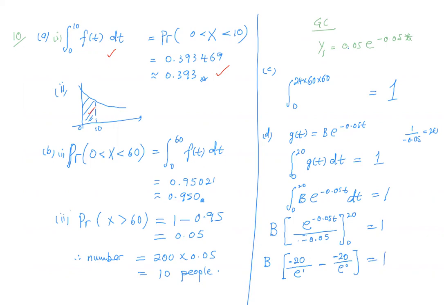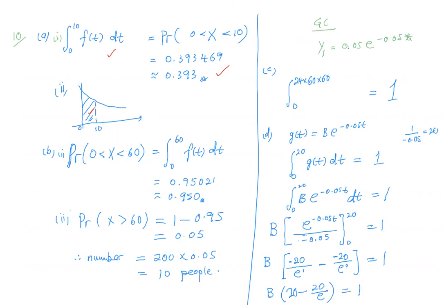So this one will be b. Here, e to the power of 0 is 1. So it's 20 minus 20 over e equal to 1.